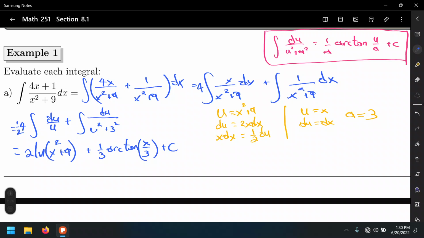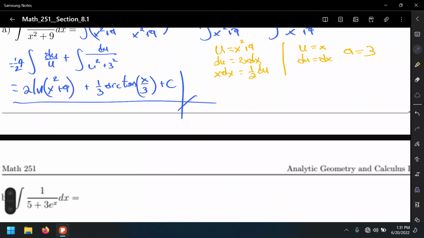That's something you might want to be careful about when you're working on the MyMathLab homework. In some cases, you might be required to put those absolute value bars. In some cases, MyMathLab takes it either way, like this case. So that's our first example of an integral that requires a little bit of algebra before we can compute. Let's look at the next example.